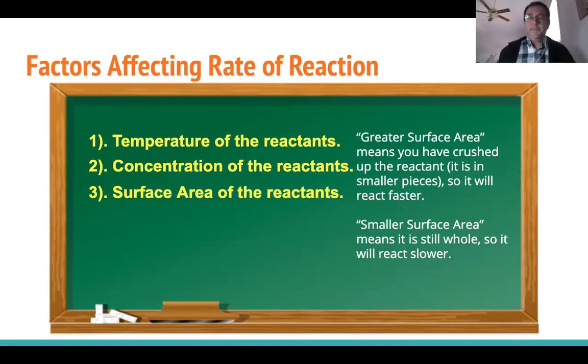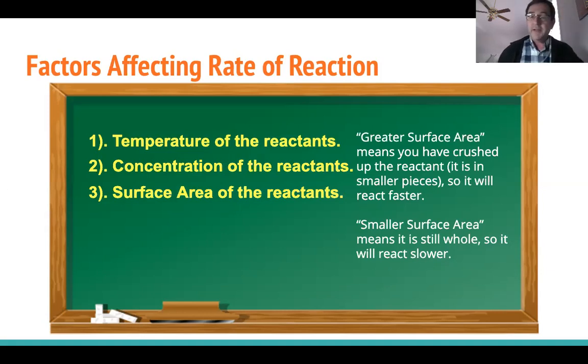So with the Alka-Seltzer tablet, the greater surface area you have means that you've crushed it up. Alka-Seltzer comes in a pill like this, a hard white pill. If you were to crush it up and put it in the water or in a weak acid, vinegar, lemon juice, something like that, it would actually neutralize the acid a lot faster than if you just dump the tablet in whole.